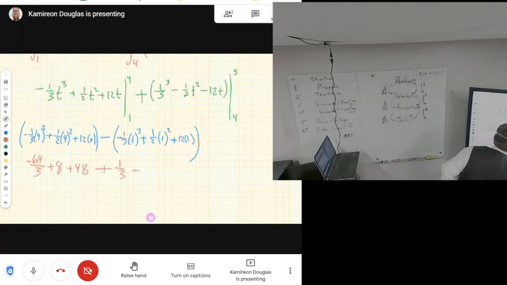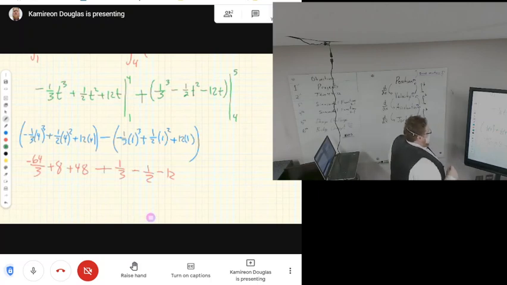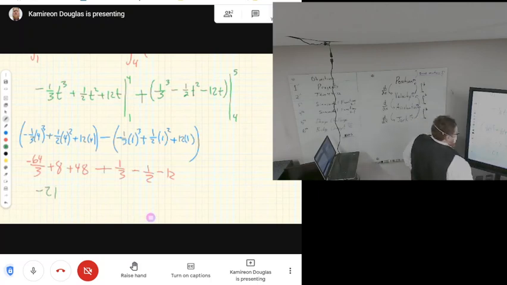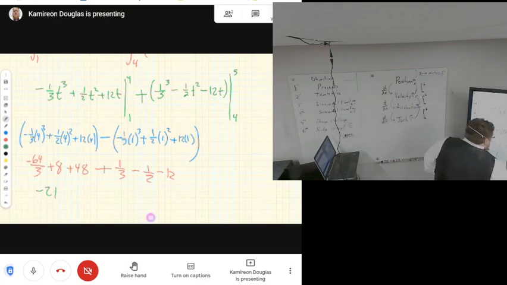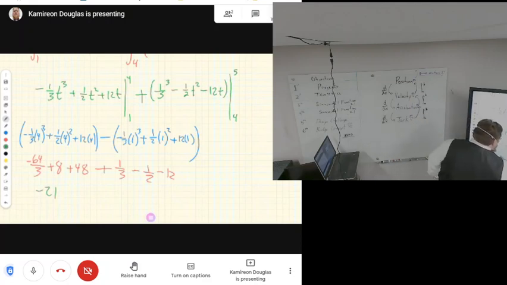Minus 1/2. Minus 12. Let's do what we can here. So these two together would become 63 over 3, which we turn into negative 21. 8 and 48 gives us 56. Minus 12 would give us 44. Minus 1/2, 43.5.